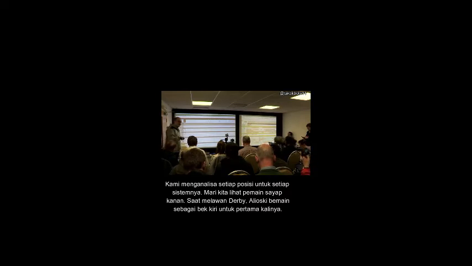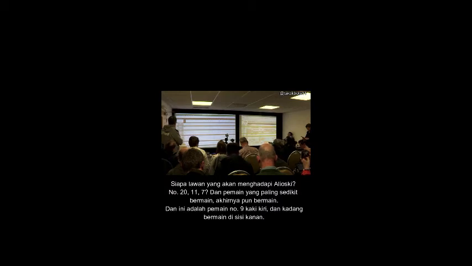In the game against Derby, Jan Alioski played for the first time as a left back. Who could have played against Jan Alioski?